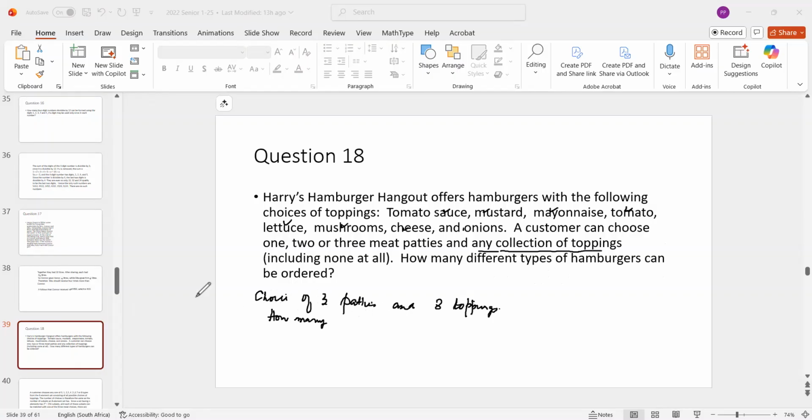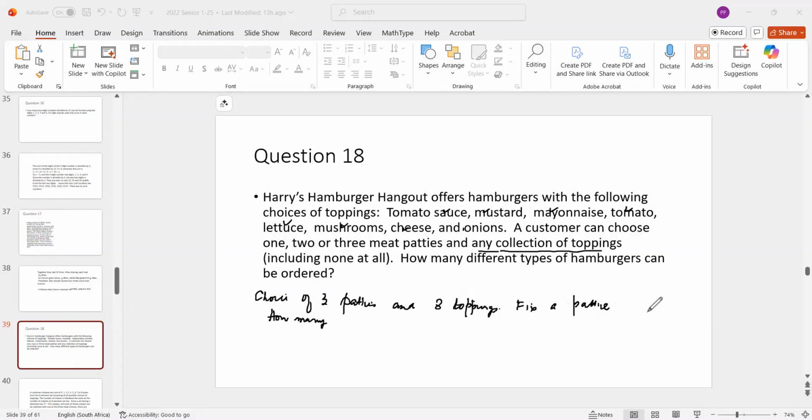Okay, let's just fix one patty. We take one particular patty and say fix a patty. Right.